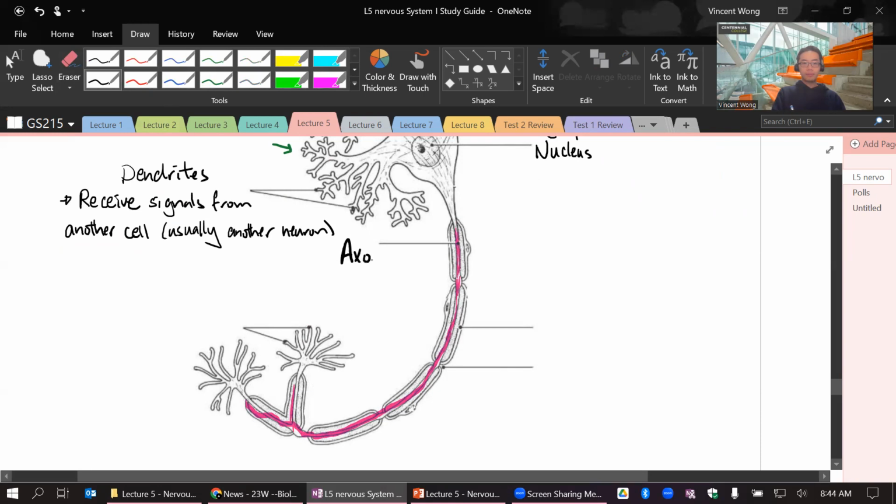And the purpose of the axon is just to allow the signal to get transmitted down the neuron. Okay, so transmit signal down the neuron.